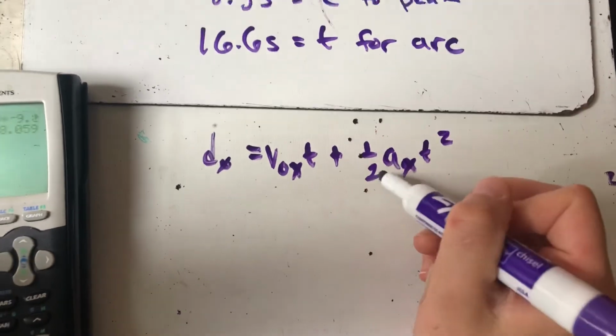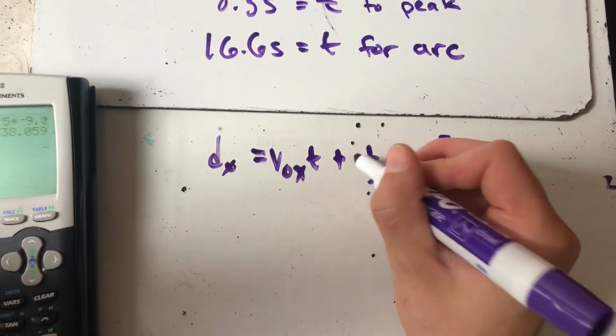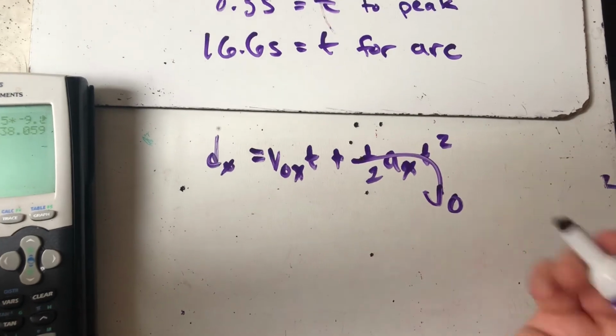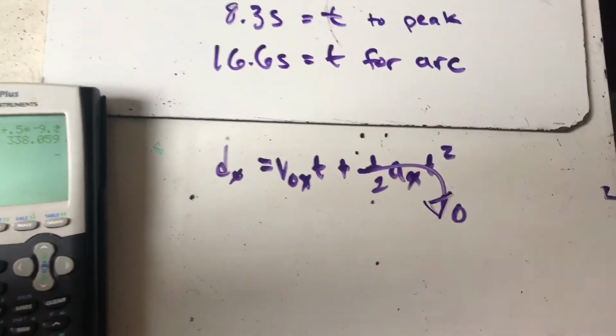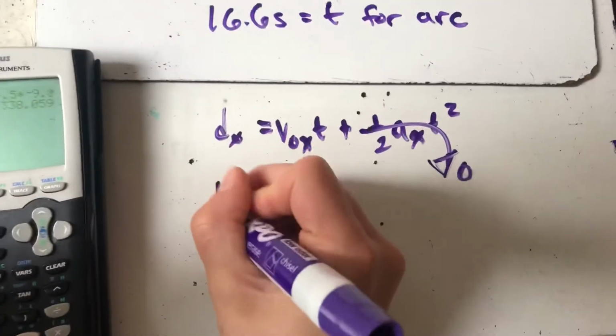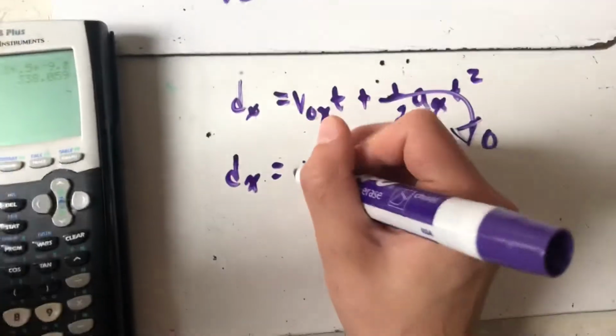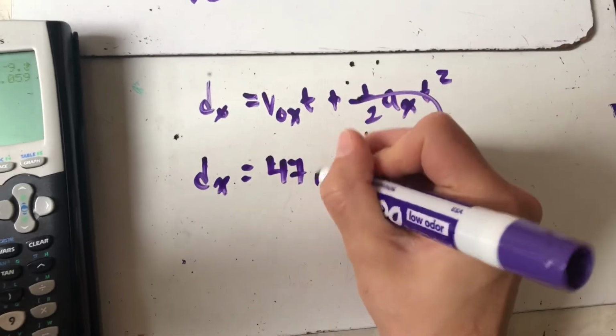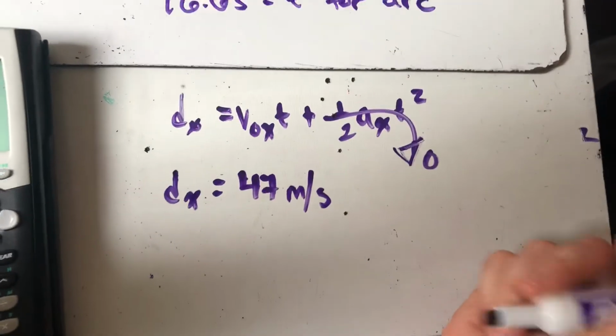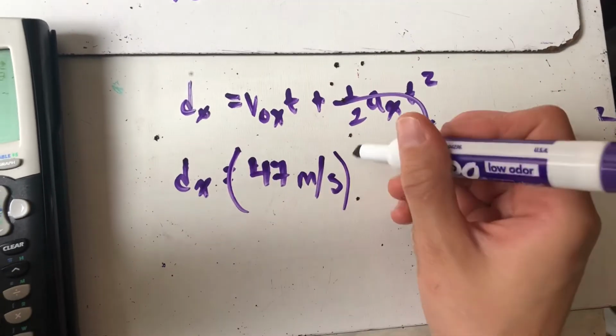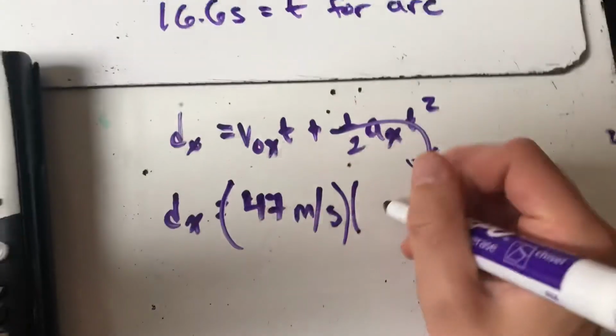The handy thing is that this ax is just 0. So this whole thing is just 0. So this is really dx equals our Vox, which was 47, and our time, not for the peak, but for the entire arc, 16.6.